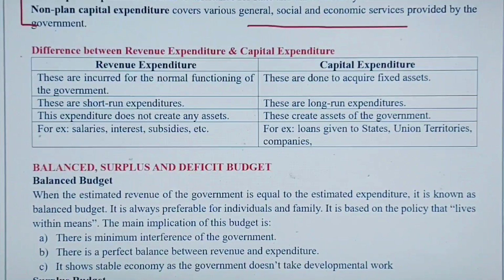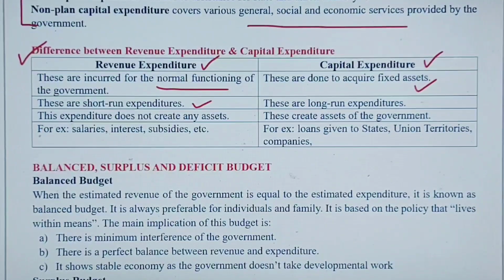Okay children, one difference that you can work out for the exam between revenue expenditure and capital expenditure. ये question भी बहुत बार exams में आता है. So revenue expenditure, these are incurred for the normal functioning of the government, whereas capital expenditure are done to acquire fixed assets. So that's very simple. Revenue expenditures are generally incurred in the short run, right?